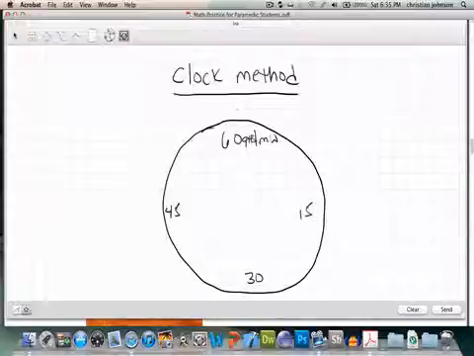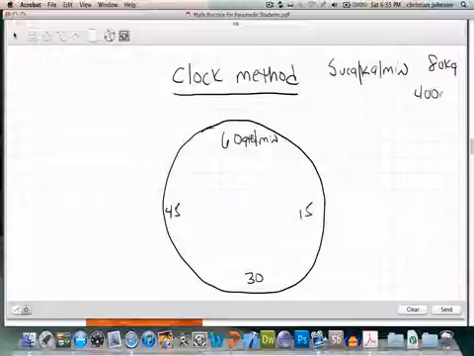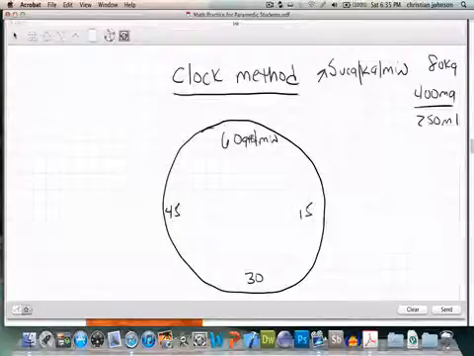Now, once I have my problem figured out and I've figured out my concentration per ml, remember, my problem is asking me for 5 mics per kilogram per minute on an 80 kilogram patient, and I have 400 milligrams in a 250 bag. I know that that's my desired dose, dose on hand, volume on hand, weight. 5 times 80 is 400.